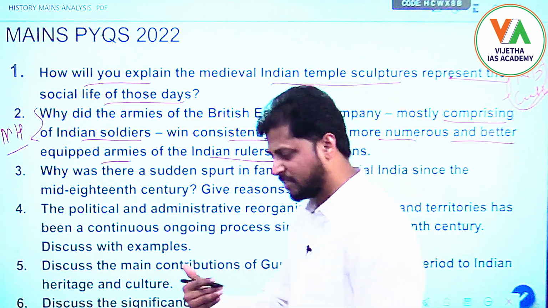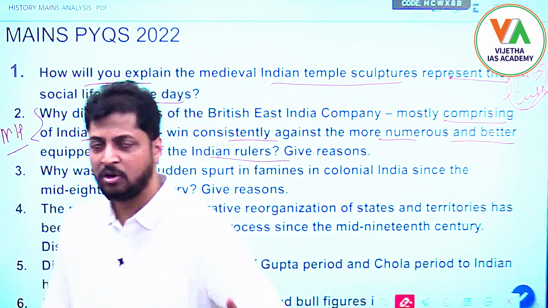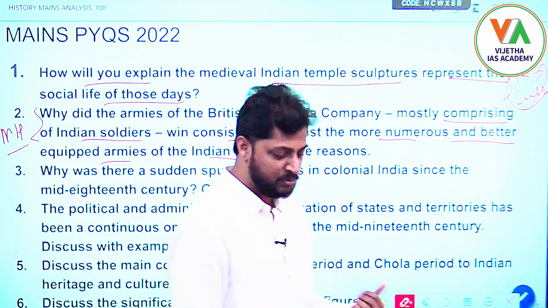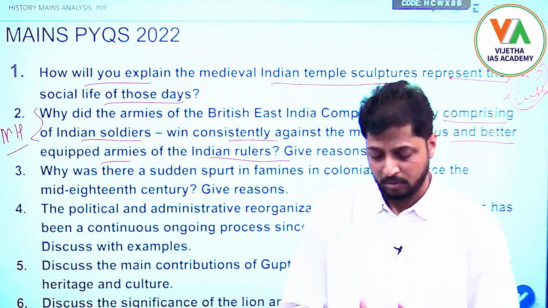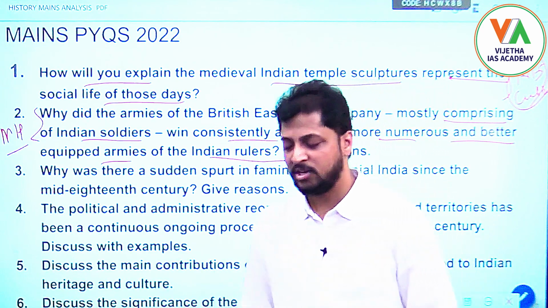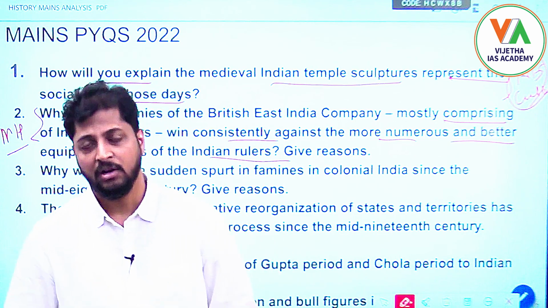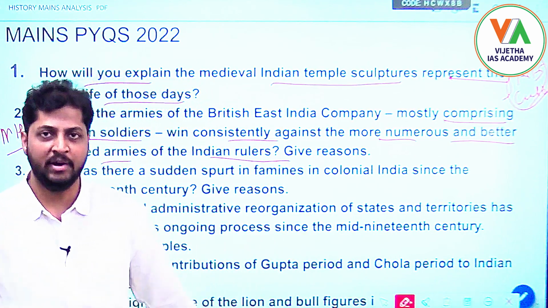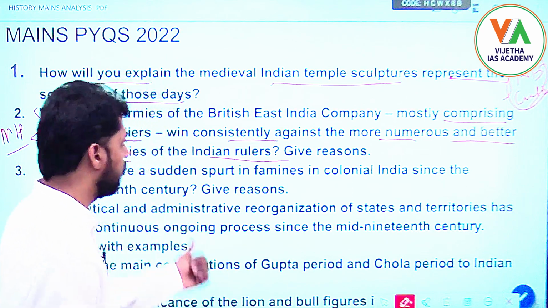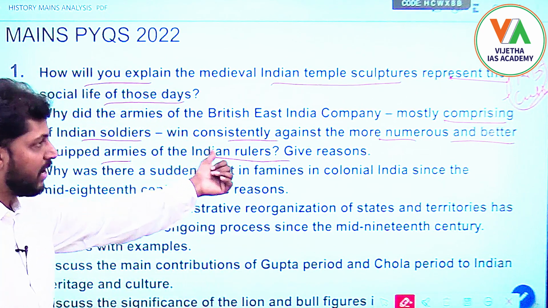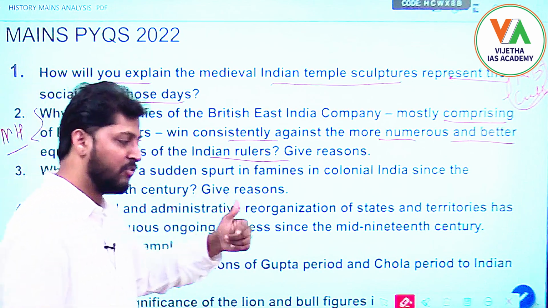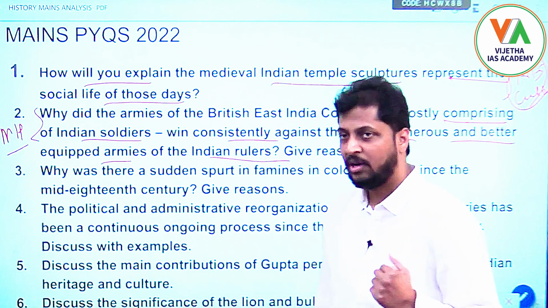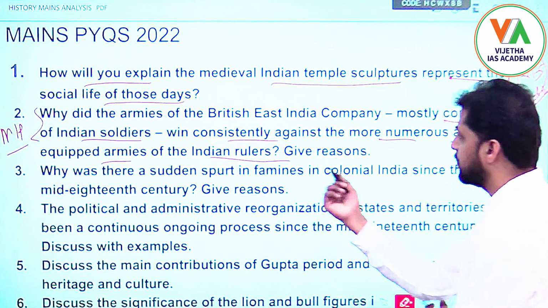This is nothing but a comparison of British forces versus Indian forces, because in most of the cases, like in the Carnatic Wars, the Battle of Plassey, Battle of Buxar, or even the subsequent battles, obviously British won against native Indian rulers. So this question is about that. What were the reasons for the victory of the British in those battles against Indian rulers, right?